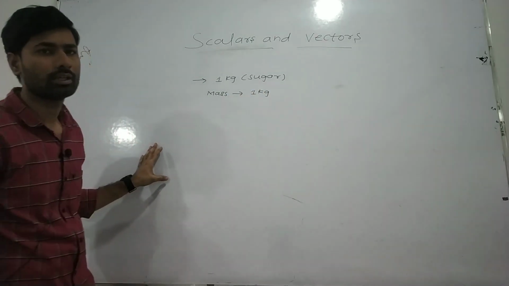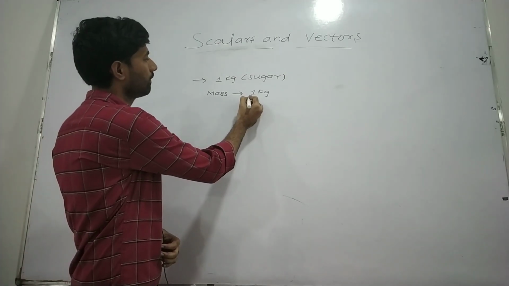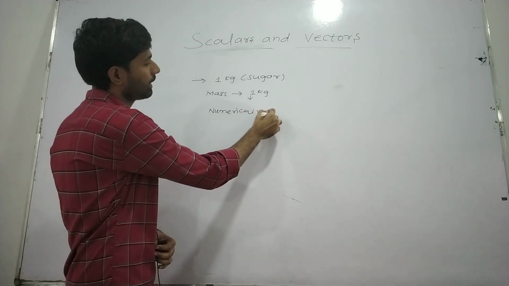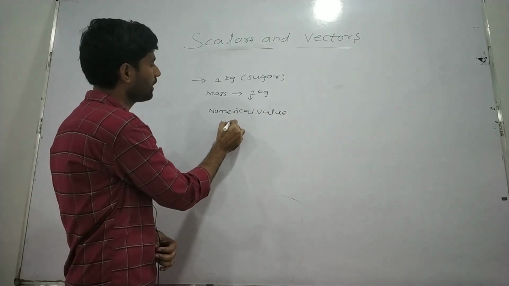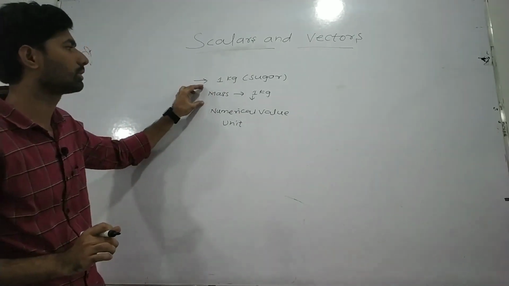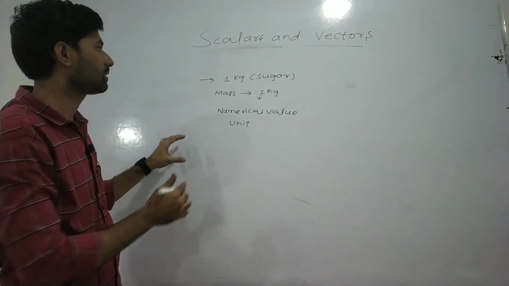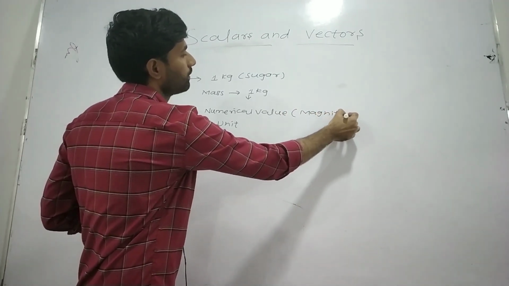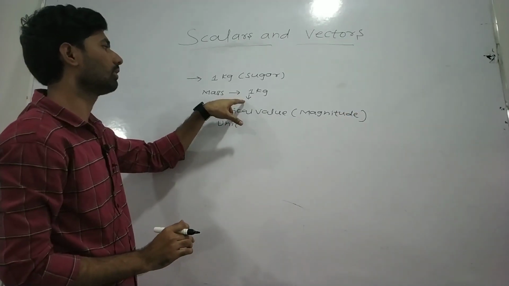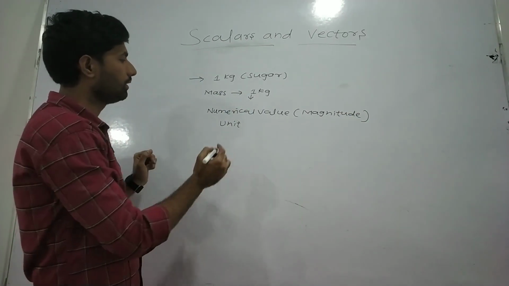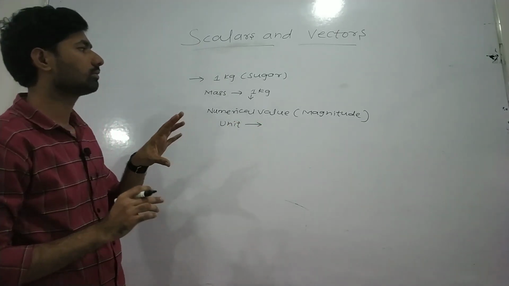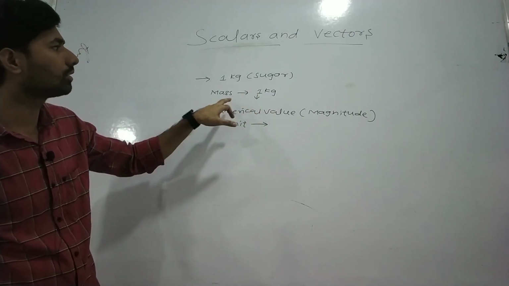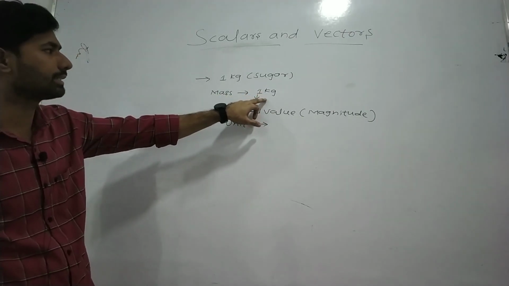Here 1 is the numerical value and kg is the unit assigned to mass. The numerical value gives us the magnitude of the quantity. For different quantities, different units are assigned. Mass has the unit kilograms.